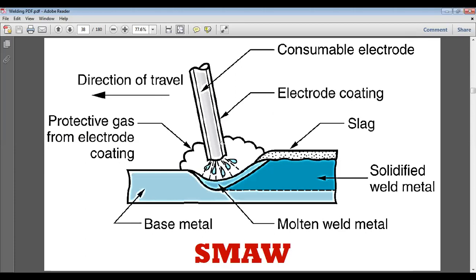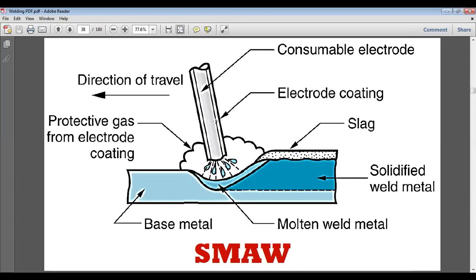at the same time the electrode starts fusing, and it comes into molten form, thus providing a bridge or a third metal between the two parent metals. At the same time it develops a protective gas envelope from the electrode coating, because this electrode is of consumable type.